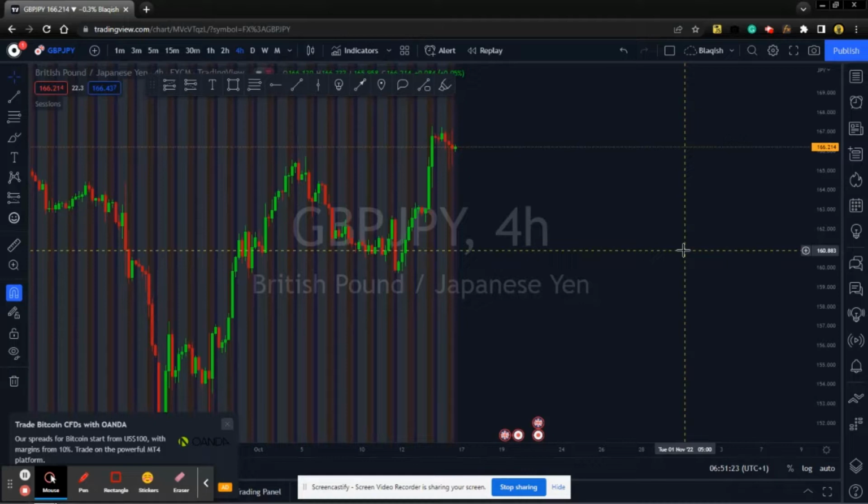Then you identify your key zones like supply and demand, support and resistance, order blocks. After you mark those areas on the 4 hour time frame, you will drop down to maybe a 5 minute, 15 minute, or 1 minute time frame.